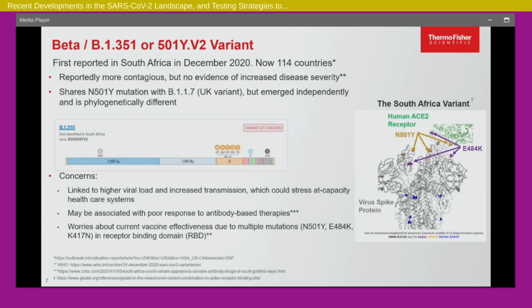These mutations have been shown in studies to have poor response to antibody therapy. When they took convalescent plasma from patients who had recovered and did in vitro studies, they found poor neutralization by these antibodies.